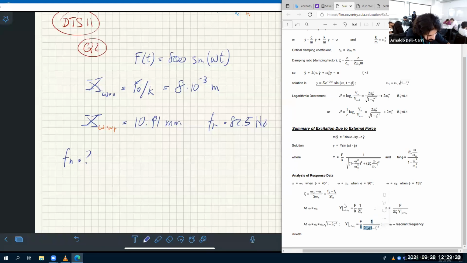So I can say that capital X, where omega is omega r, is F0 over k times 1 divided by 2 zeta times the square root of 1 minus zeta squared.